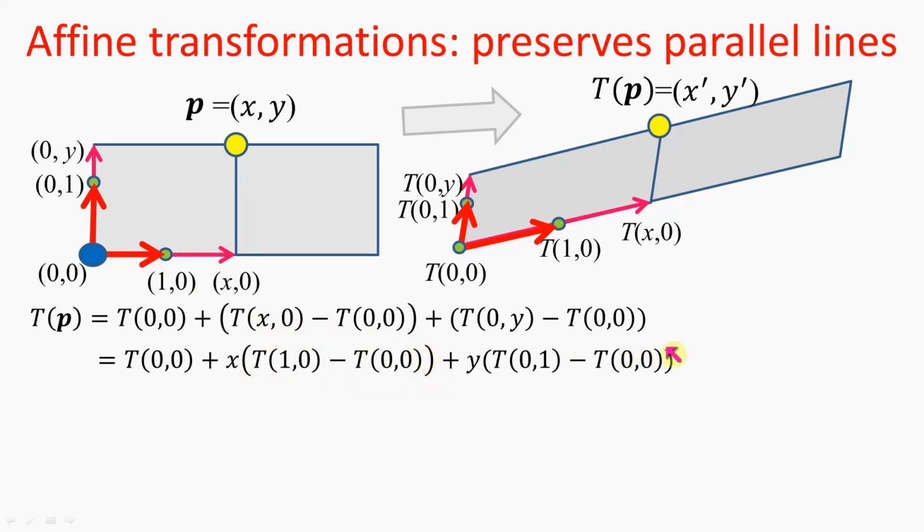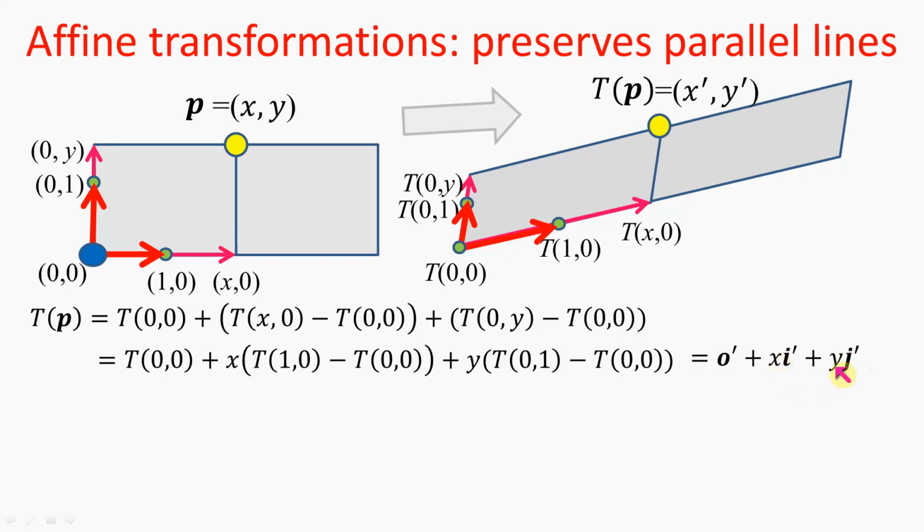And similarly, this is the transformed version of basis vector j. As we have already concluded, this is the transformed vector of the origin of the coordinate system. So the transformed point can be expressed as the image of the origin and x times the image of basis vector i, called i prime, and y times the image of basis vector j, called j prime.